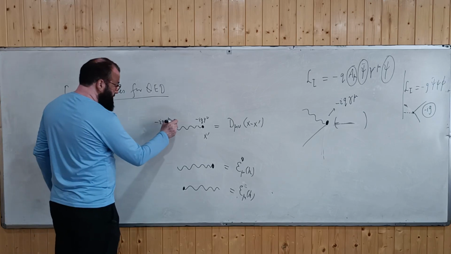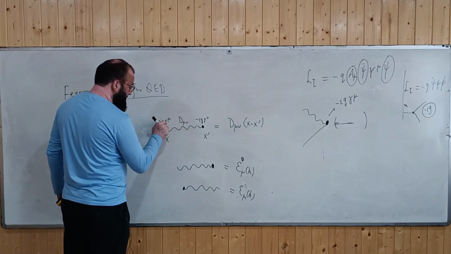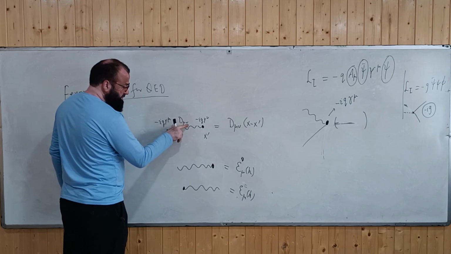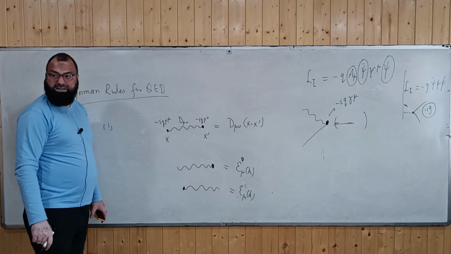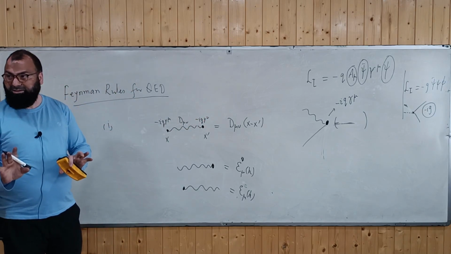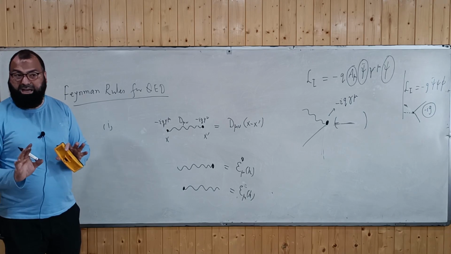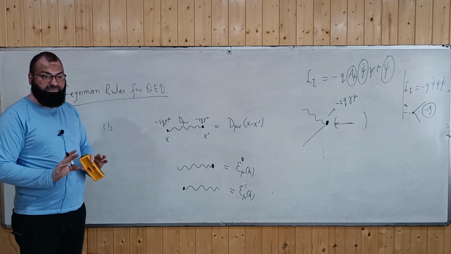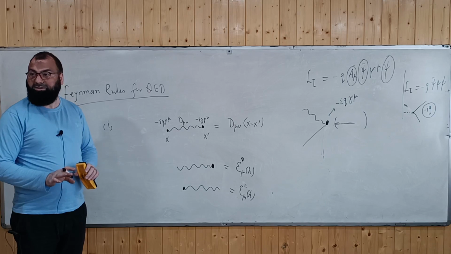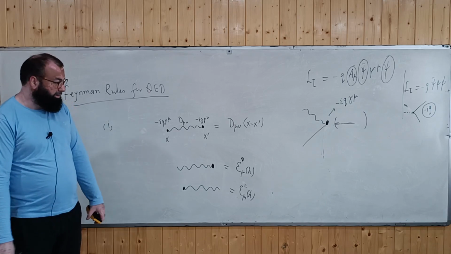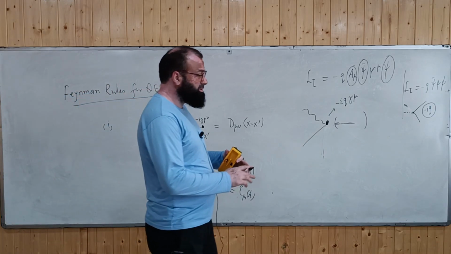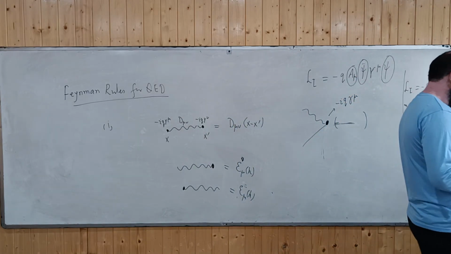You write it as something g mu nu, so mu gets contracted with this mu, nu gets contracted with this nu. Understood? This is how we put the rules. Clear? Any problem?